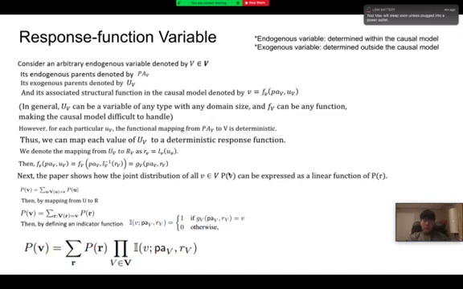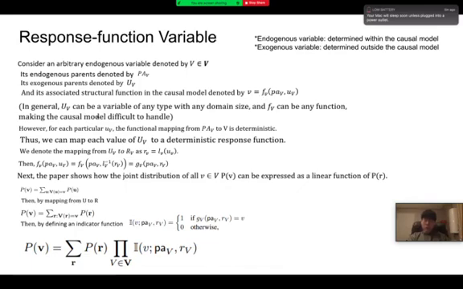So before deriving the upper and lower bound, they first introduced a key concept called the response function variable. If you consider an arbitrary endogenous variable denoted by V, its endogenous parents denoted by PAV, and its exogenous parents denoted by UV, its associated structural function in the causal model denoted by FV.